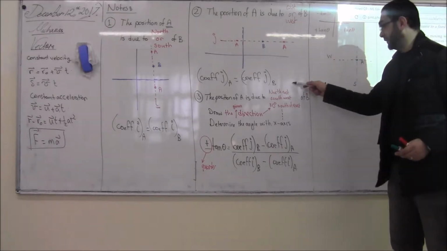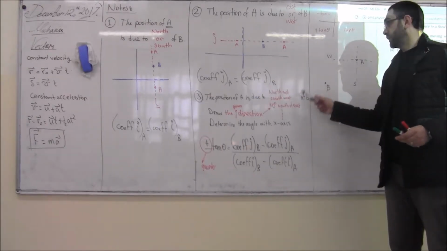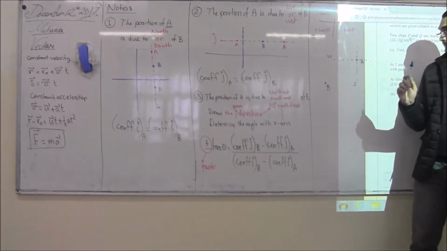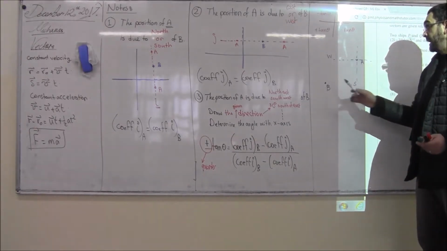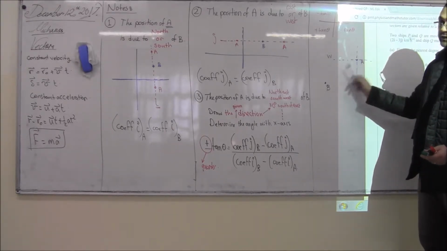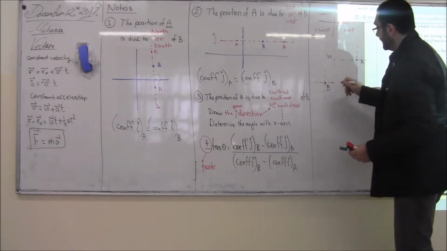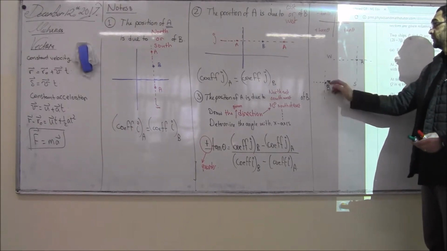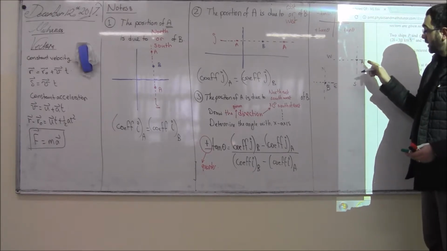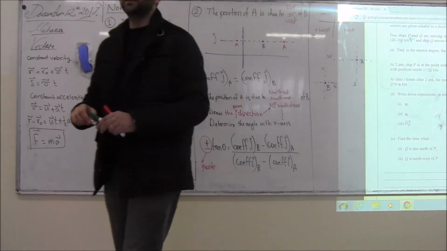Here we have many alternatives for the position of A with the position of B. If the position of A is northeast of B, then relative to B, A is northeast. For A, B is southwest.